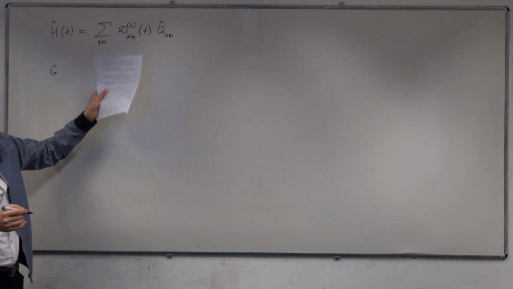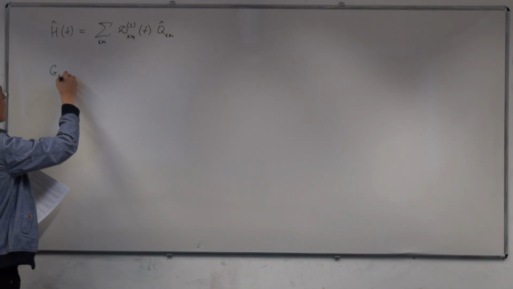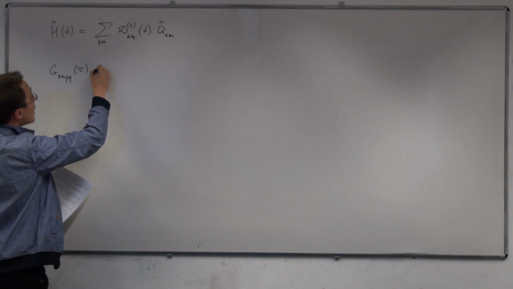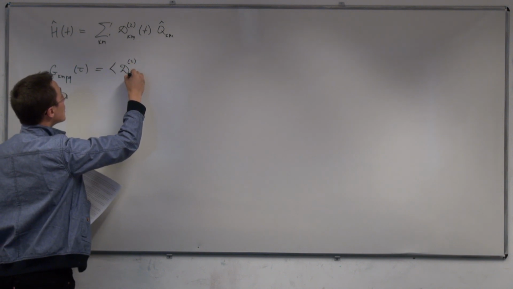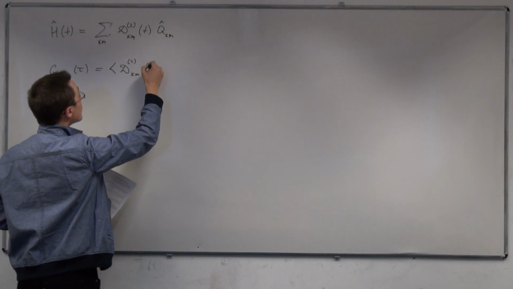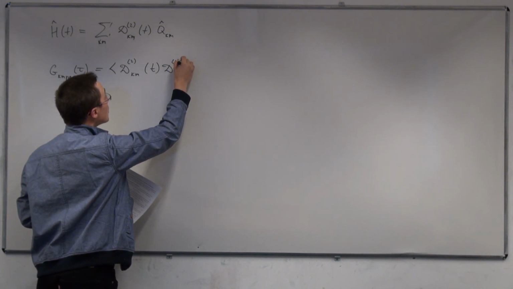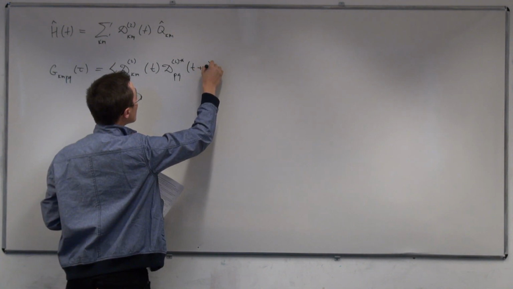It will have to depend on 4 indices, therefore. So it will be G_kmpq of time tau as the correlation function between D2km of time t, and then D2 star pq of time t plus tau.